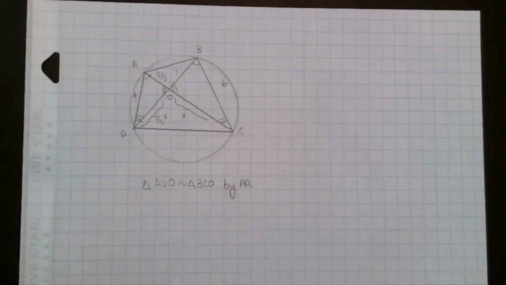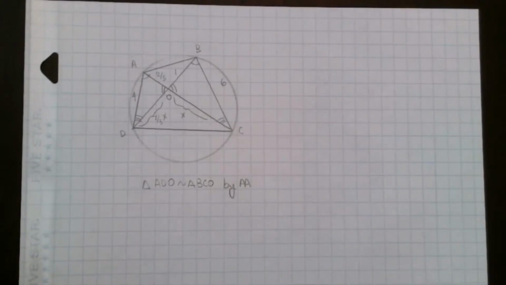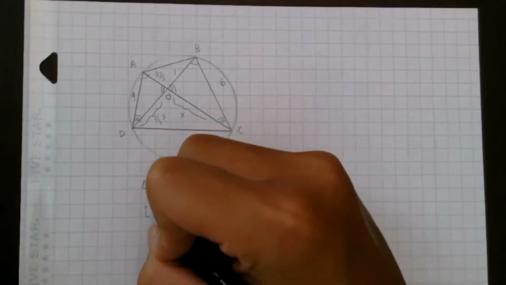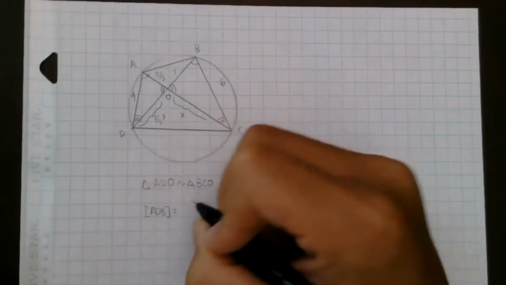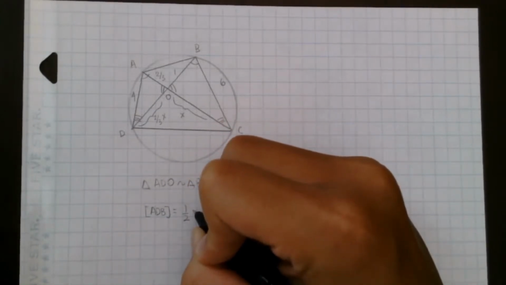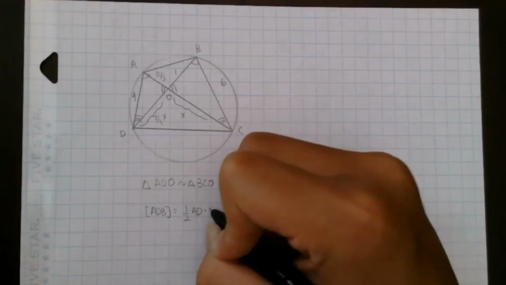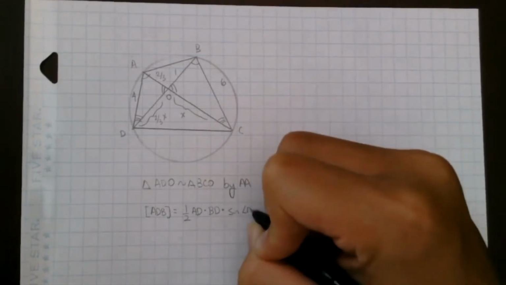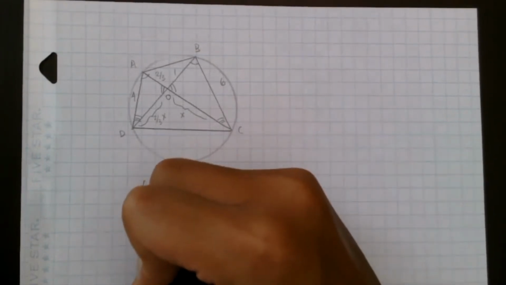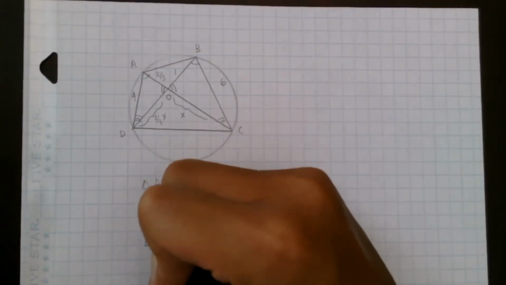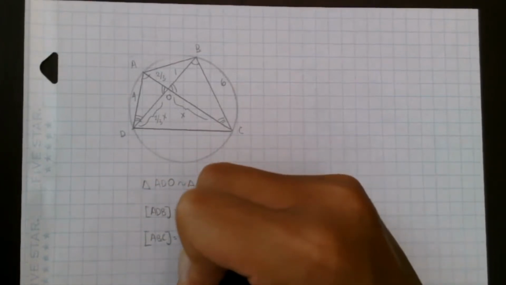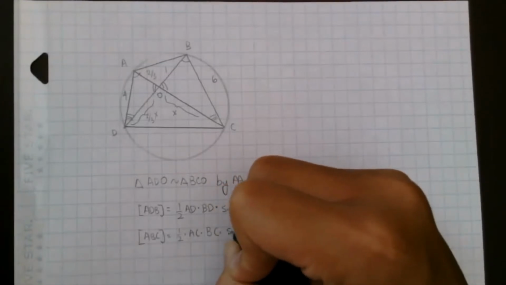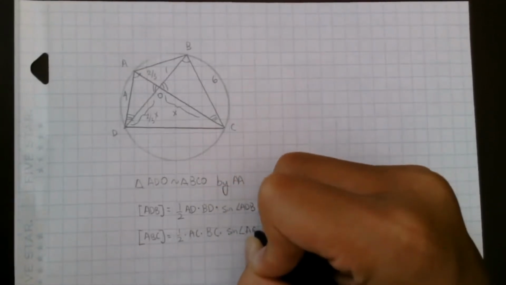So this makes a good candidate for using the sine area formula, which gives us that the area of ADB is equal to 1/2 times AD times BD times sine of angle ADB, and the area of ABC is 1/2 times AC times BC times sine of ACB.